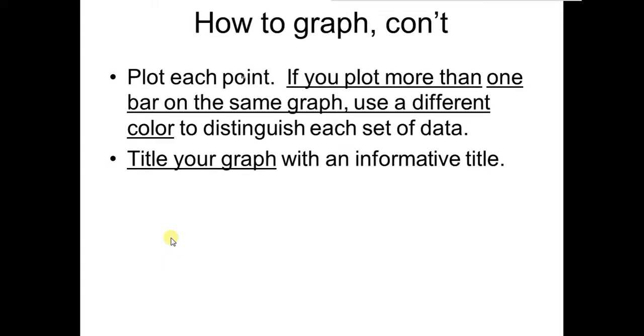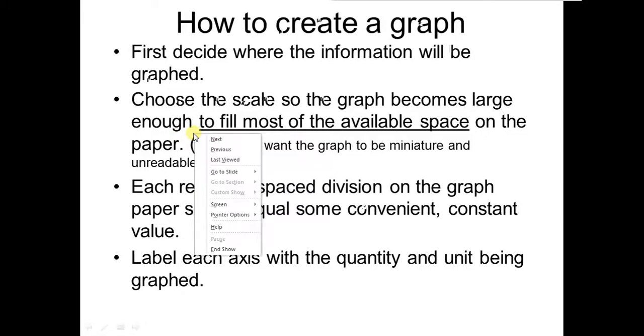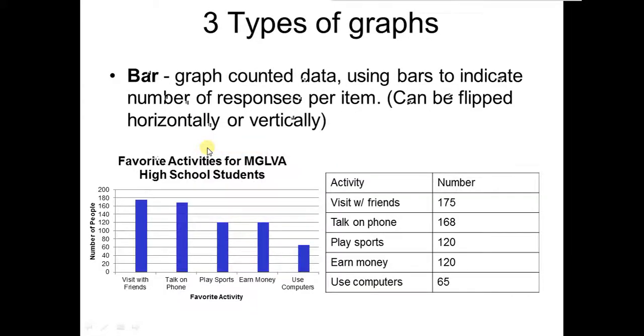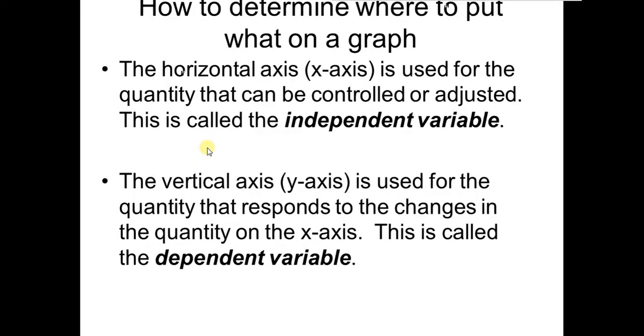If you plot more than one bar on the same graph in a bar graph, you want to use a different color, ideally, to distinguish the data. I know in the previous one they're not different colors, but ideally you want to use a different color if at all possible. That just makes it easier to see the differences. And then of course, give your graph an informative title.